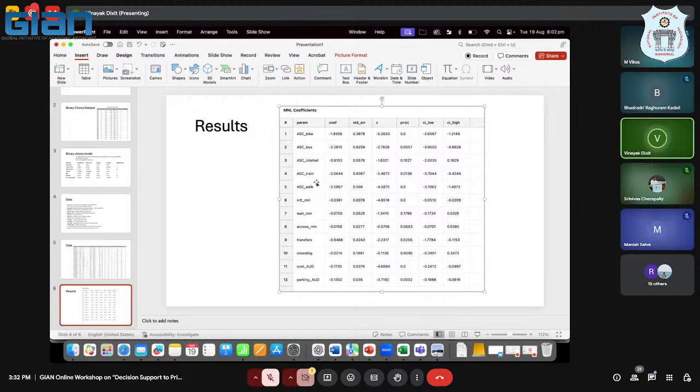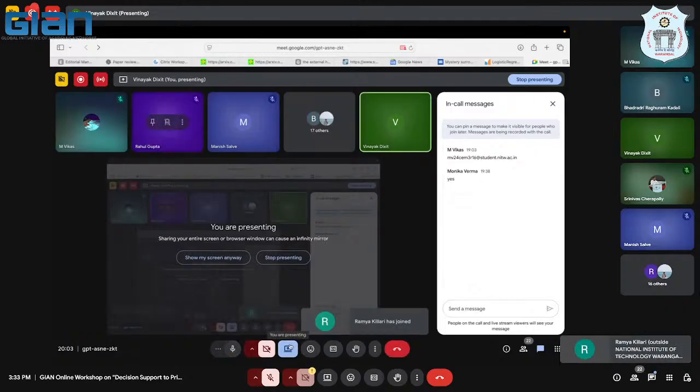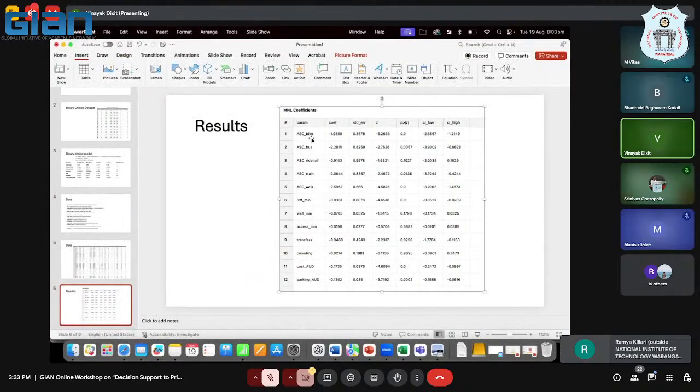Usually what we generally do is we take one of the modes and put its constant equal to 0, and the constants of everything else are in relation to that.